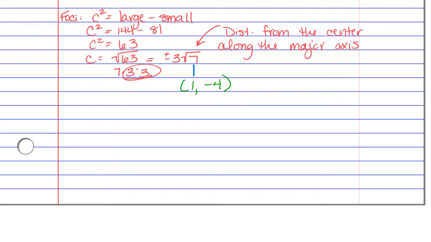Because my x-axis is my major axis, I'm going to take that value and add my foci, so moving to the right, and moving to the left. And that is it. So sometimes, like for here, you cannot combine those. Those are two different kinds. You have a rational and an irrational number. So sometimes we do combine these down, and you might see it written as 1 plus or minus 3 square roots of 7, -4.